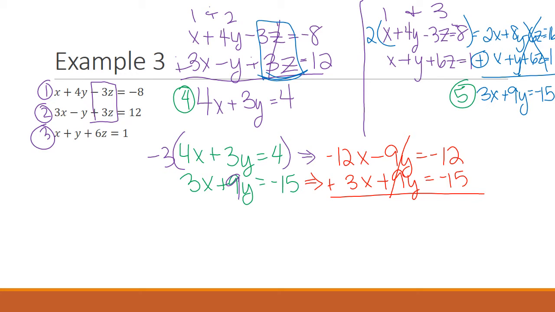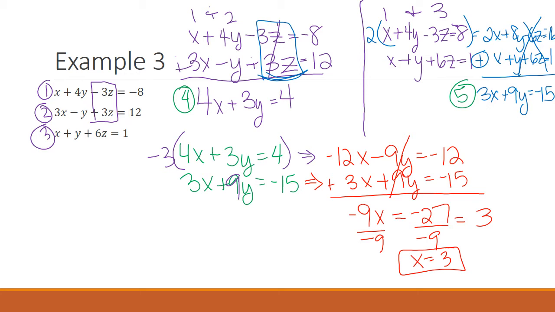So I've got negative 9x equals negative 27. And so I can divide by negative 9, divide by negative 9. Negative 27 over negative 9 will give me positive 3. Okay, so I get x equals 3.